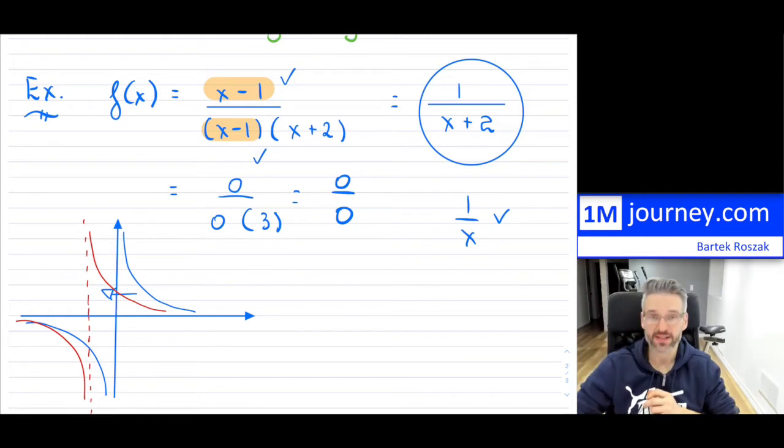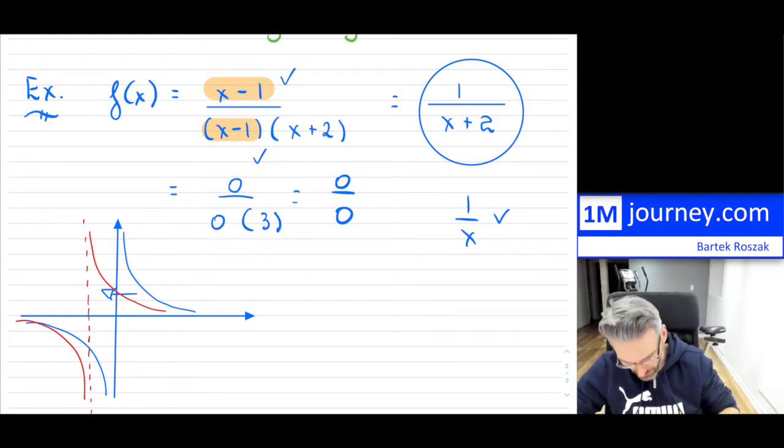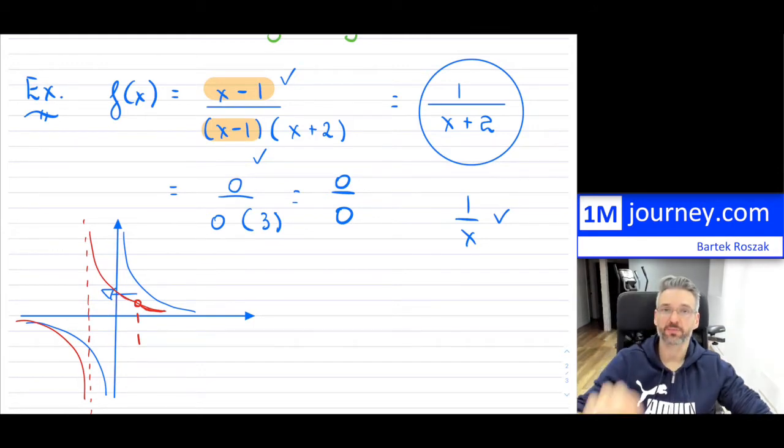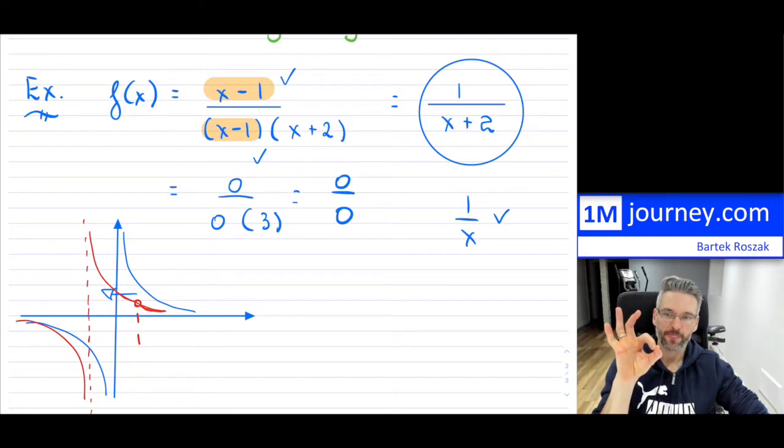Then we would have some kind of a vertical asymptote, which we'll talk about shortly, but moreover, at x equals 1, so at some point 1 right here, we basically have a hole. So it doesn't exist there. So this would look nice and smooth, but then at that particular point we have a hole, right? There's a discontinuity that happens there.